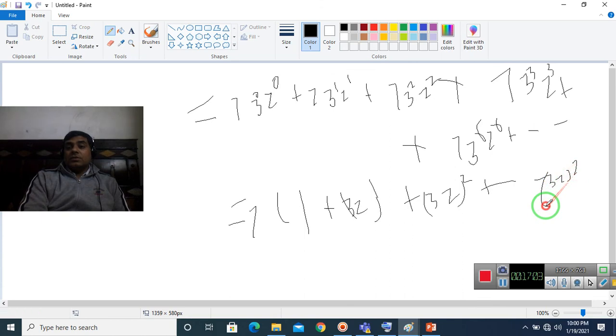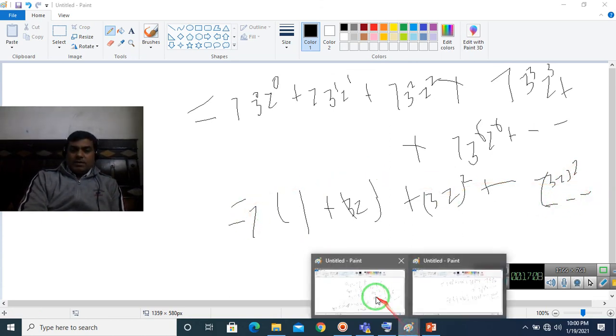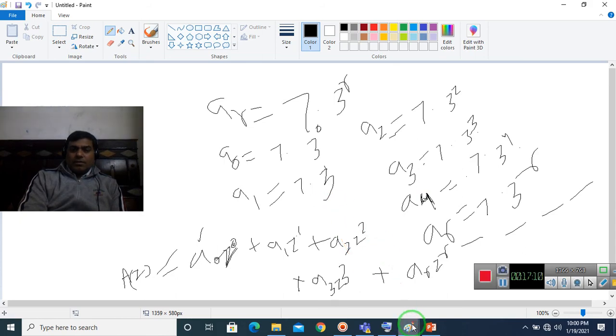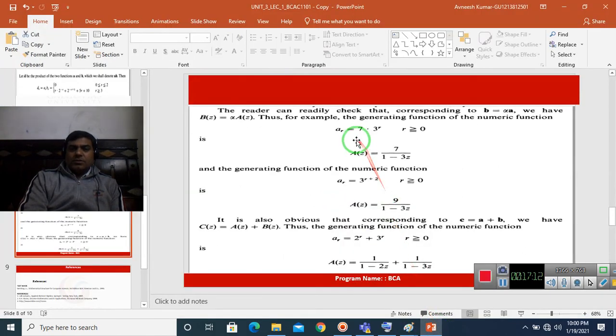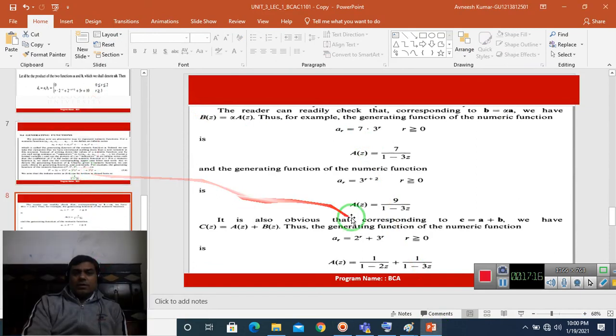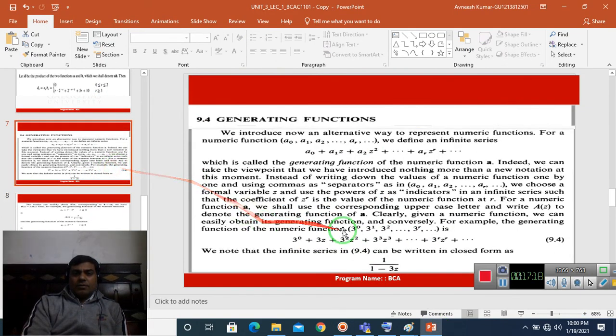So this is a series we discussed just in the previous slide: 3z, 3 square z square, 3 cube z cube, 3z to the power r, giving 1 upon 1 minus 3z.